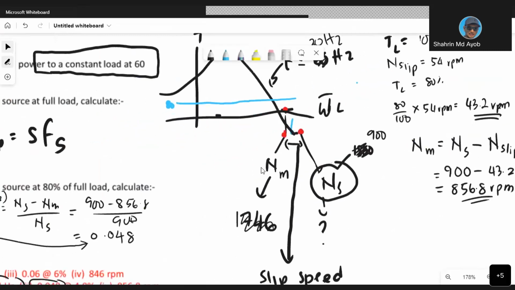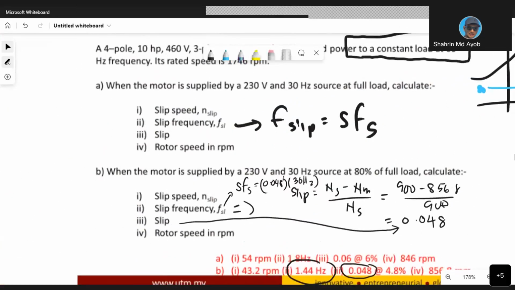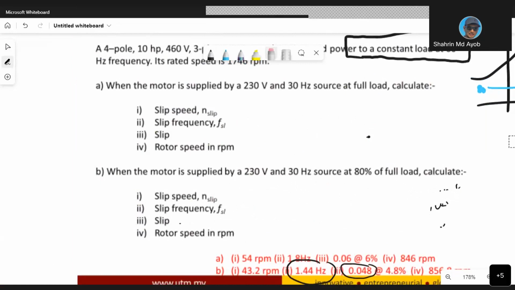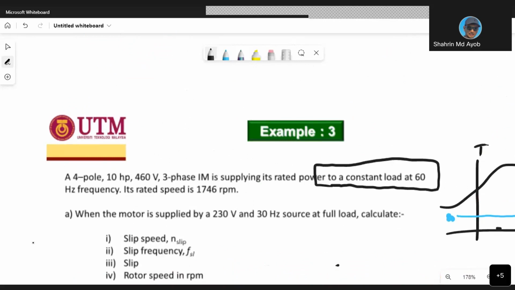To answer your question, why 900? This one is for 60 Hertz.